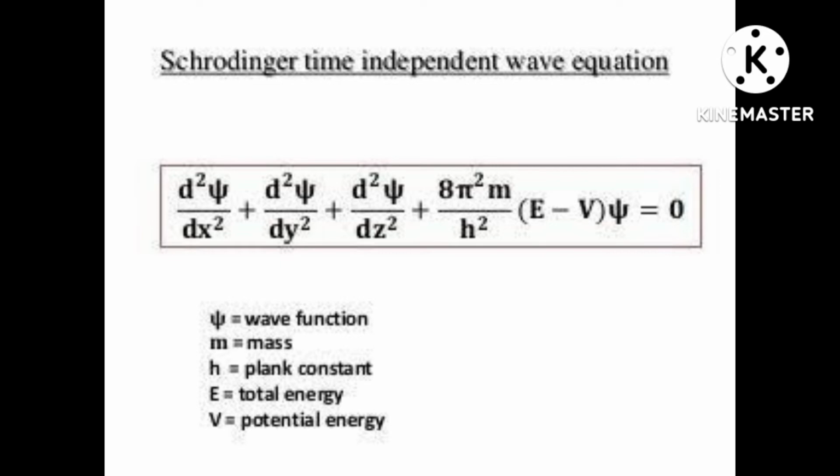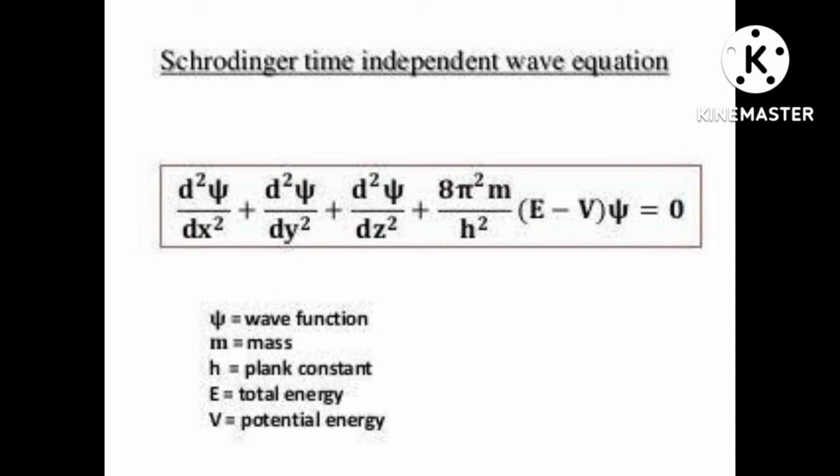Okay. Suppose 3 orbits, 3 energy levels are there, then psi will have 3 types of value. That is called wave function. Psi is called wave function of the electron associated with each energy level.